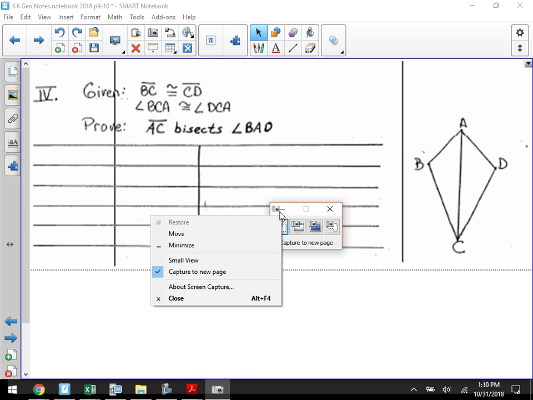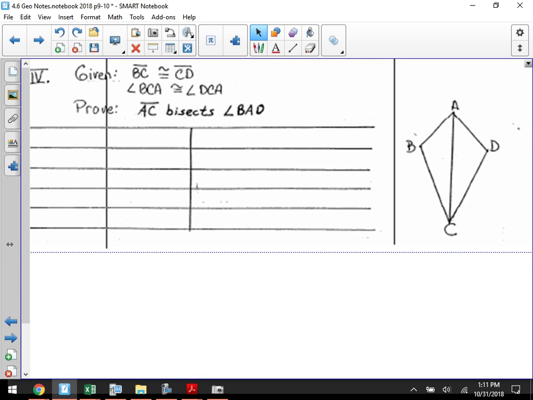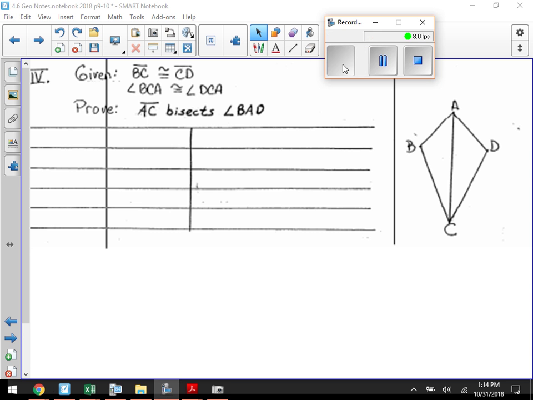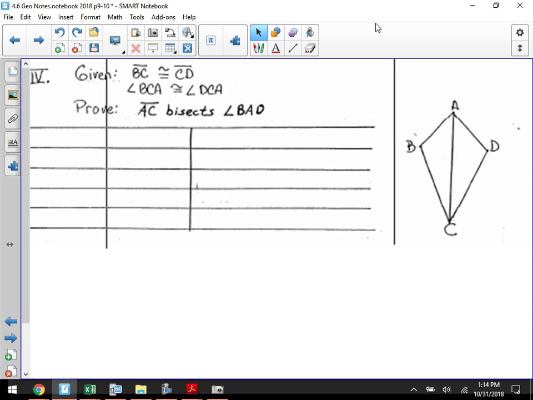Number 4 is on the back, yes. So we start this one. I'll make sure we get through on this one here.